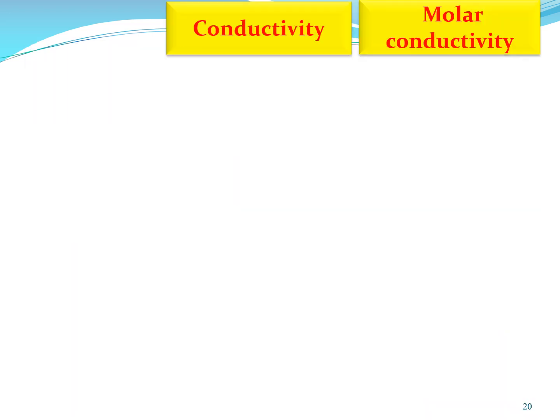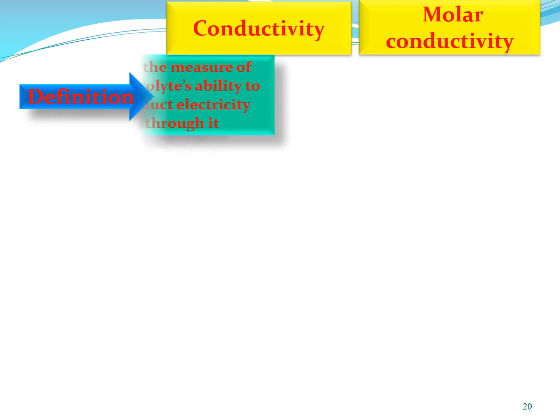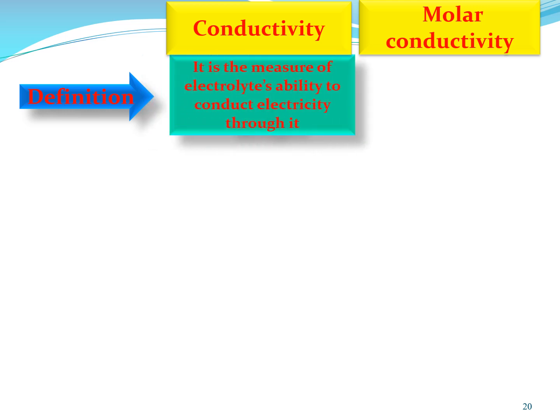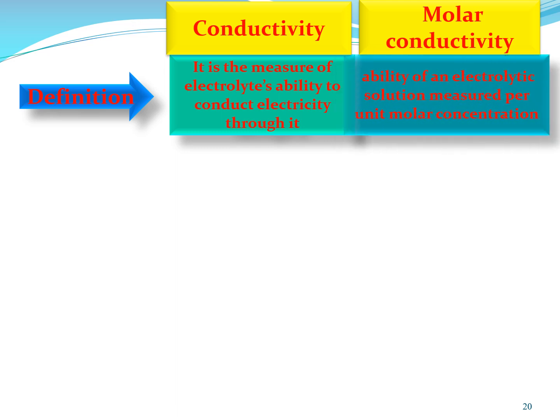Clear? Now what is the difference between conductivity and molar conductivity? Conductivity is a measure of an electrolyte's ability to conduct electricity through it, and molar conductivity is the ability of an electrolytic solution measured per unit molar concentration.